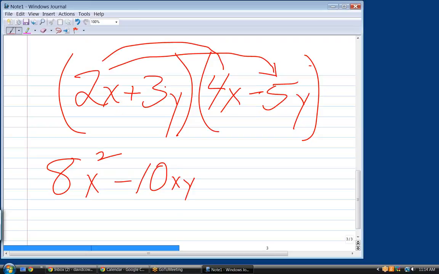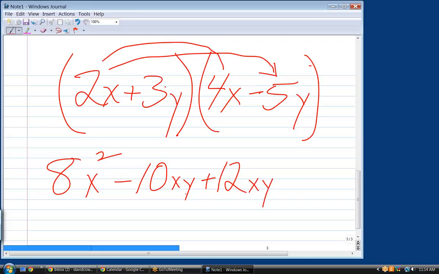Okay, what's the next term? The next term is 12yx. Make sure you put the sign on it. Since these all have to be added together, you can't omit the plus sign. So it is plus 12, and I'm going to leave it the same way. I could write it yx. There's no difference between yx and xy.